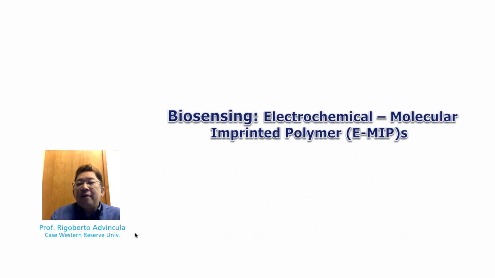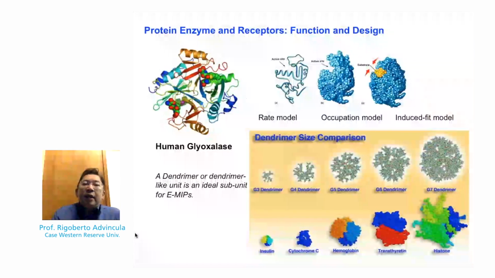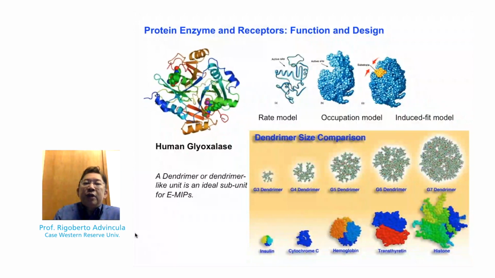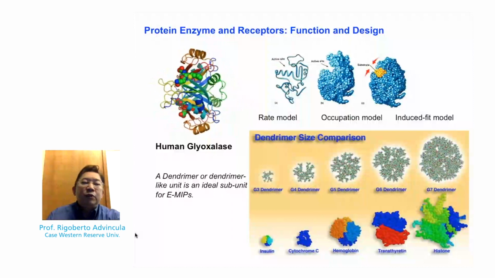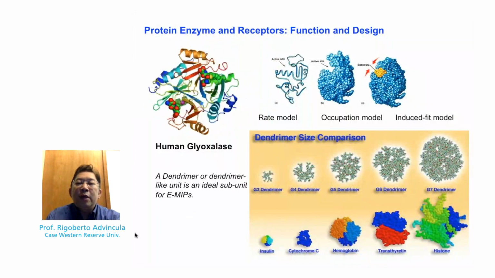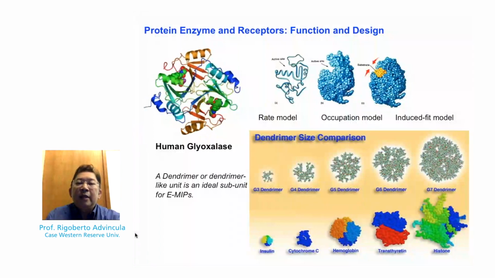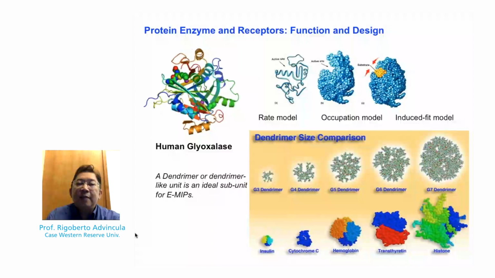I was going to insert some of our work on biosensing, where we try to model enzymatic receptors, protein enzymes and receptors, simply by producing a molecule or supramolecular structure or film that mimics the interaction between a substrate and an enzyme.